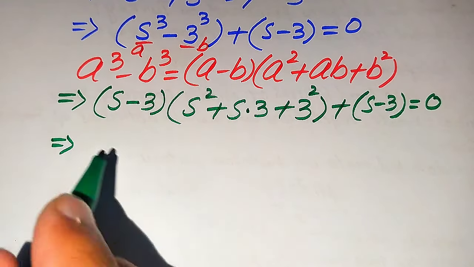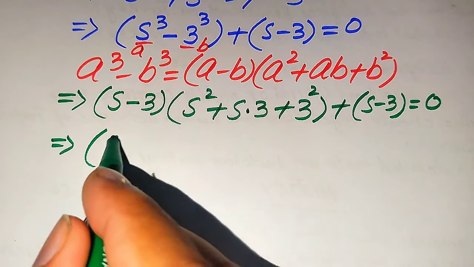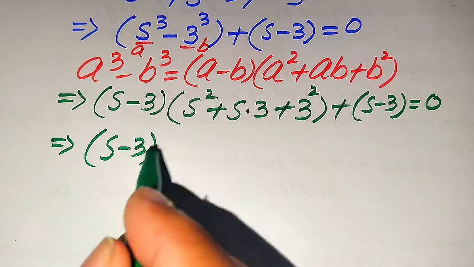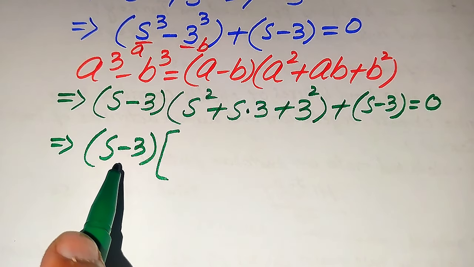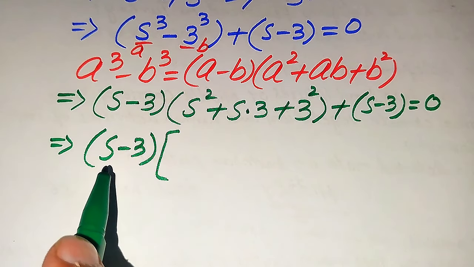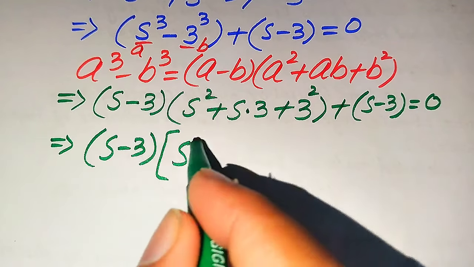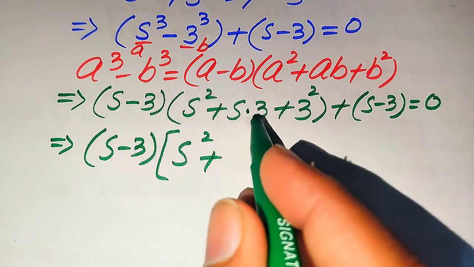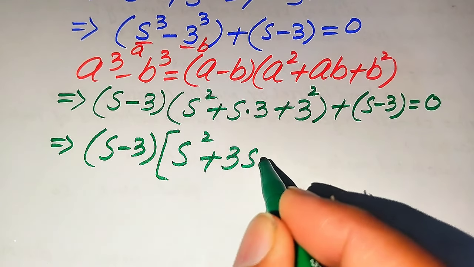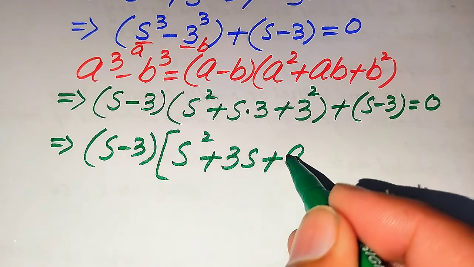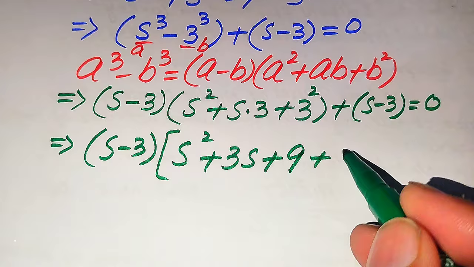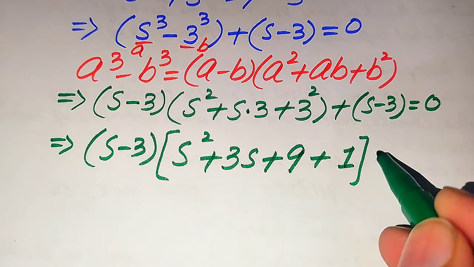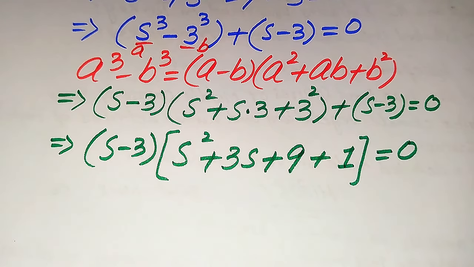And now you see both of these two terms involve s minus 3, so we take common s minus 3 from here. When we take common s minus 3, the remaining values are, from here, s square plus 3 times s plus 3 square becomes 9, and plus, when we take common this s minus 3, the remaining value is 1, and this whole equation is equal to 0.